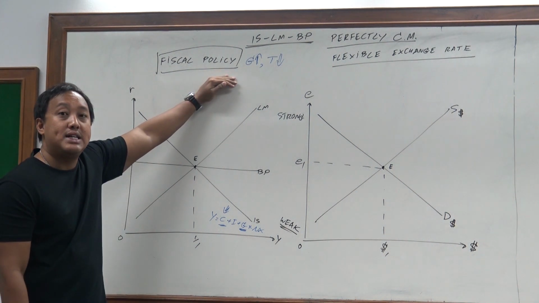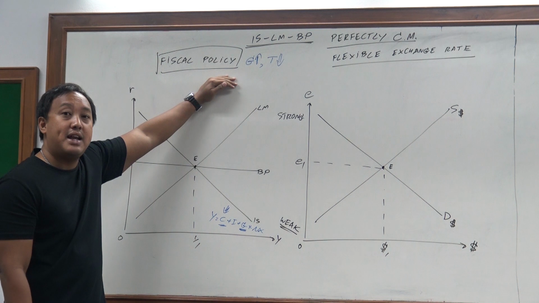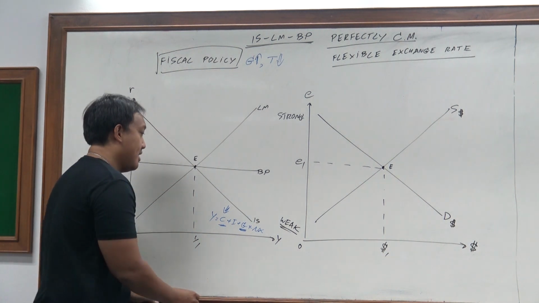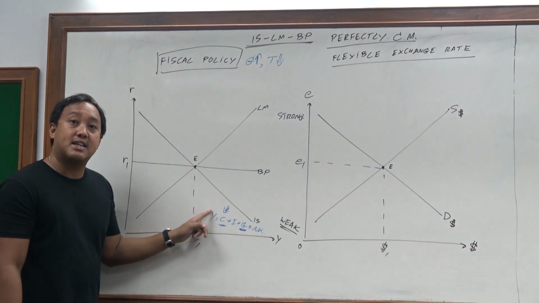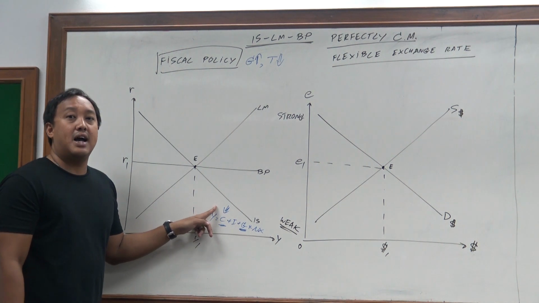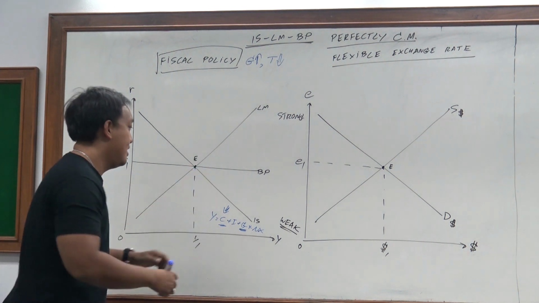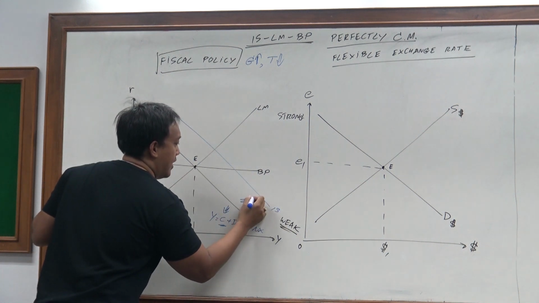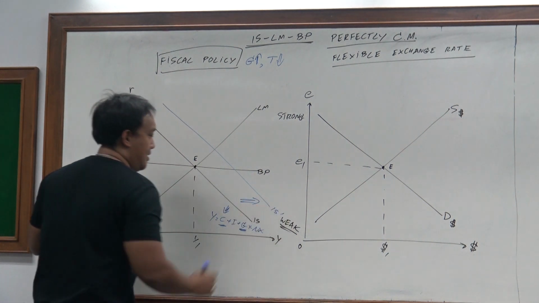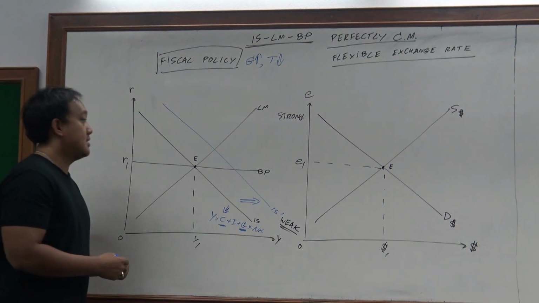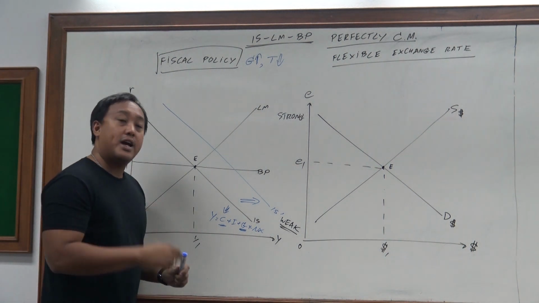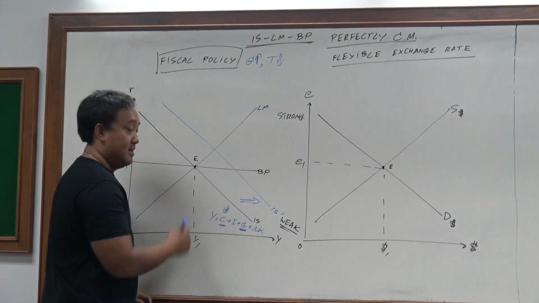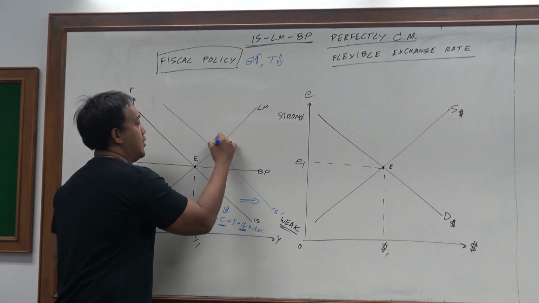So by using fiscal policy, increasing government spending or lowering the tax, we're going to have an effect on the IS curve. The IS curve is going to shift to the right like this. Then the new equilibrium point moves from E1 to E2.